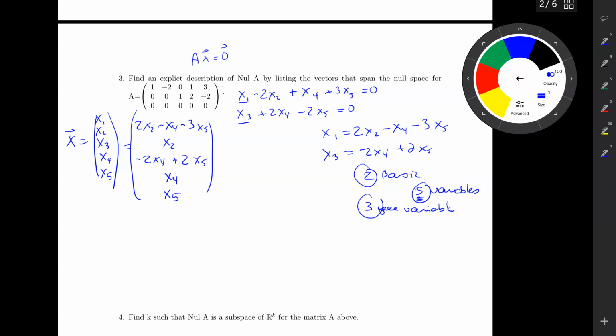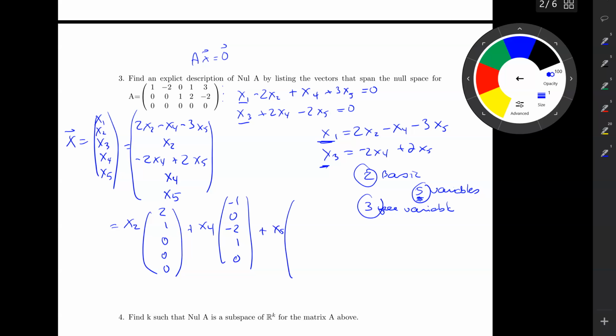Okay, so I'm going to break this up. Anything that's not a basic variable is a free variable. So I have x2 times 2, 1, 0, 0, 0. Each of these vectors should have 5 entries. Then x4 times negative 1, 0, negative 2, 1, 0. And x5 times negative 3, 0, 2, 0, 1.